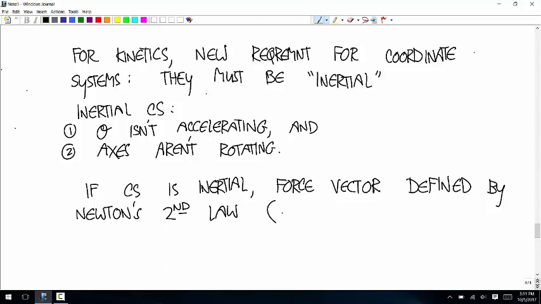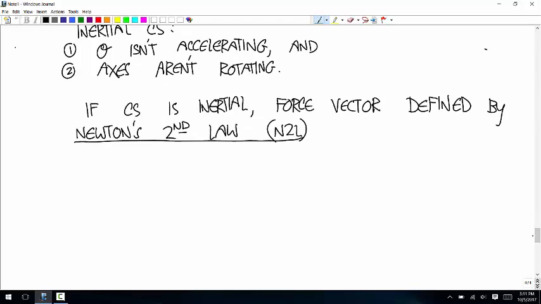I'm going to talk about it all the time, so I'll abbreviate it N2L just to make it a little quicker. What Newton's second law says is that if you add up all the forces acting on an object, that's the net force, and that's equal to the mass of the object times the acceleration vector of the object.